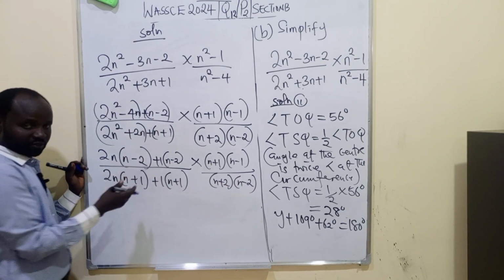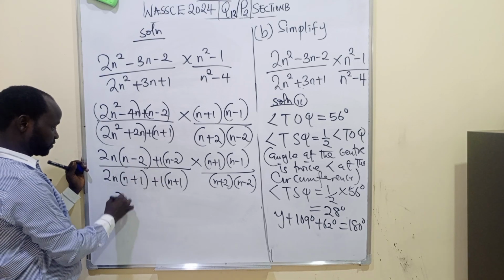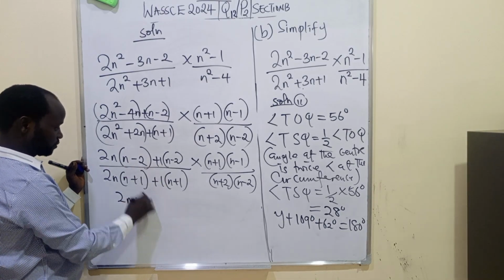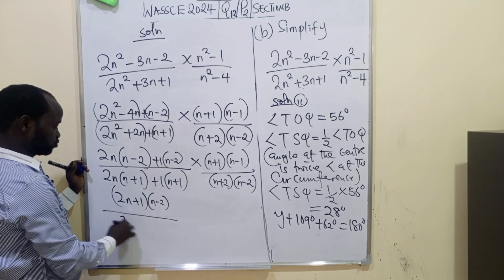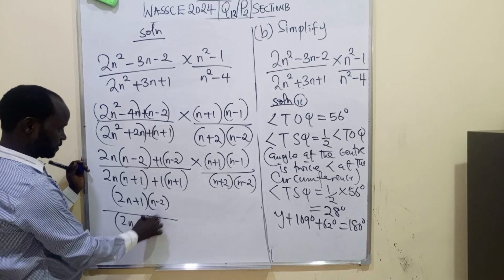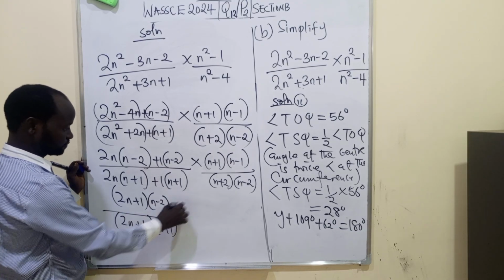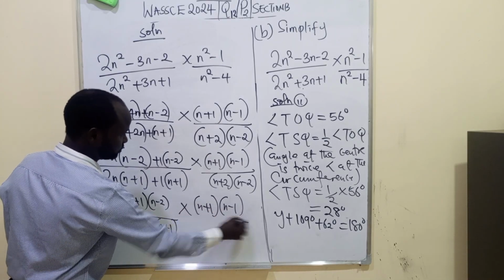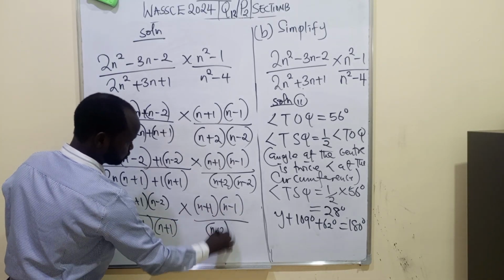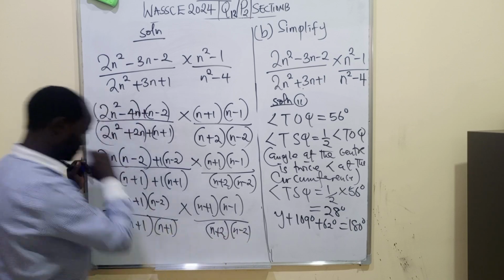Realize that what we have in the bracket are the same, so we can pick what we have outside. So we have 2n plus 1 into n minus 2 divided by 2n plus 1 into n plus 1, times n plus 1, n minus 1 over n plus 2, n minus 2.